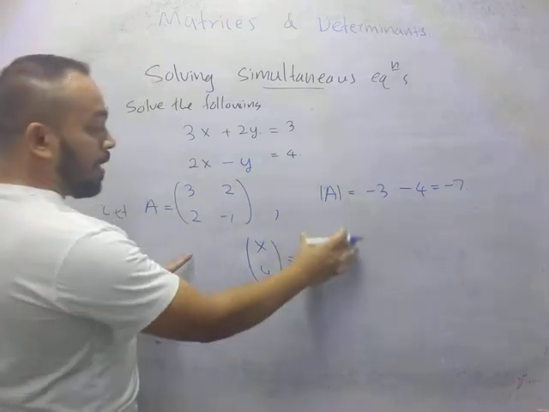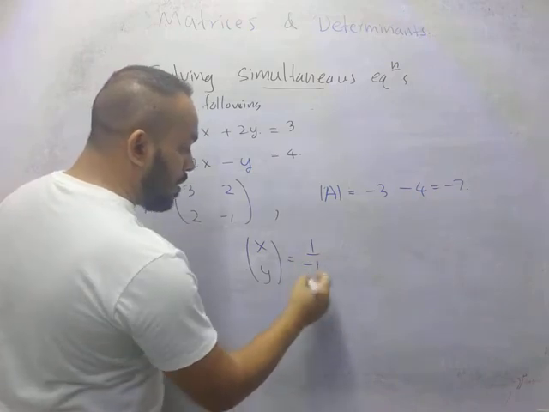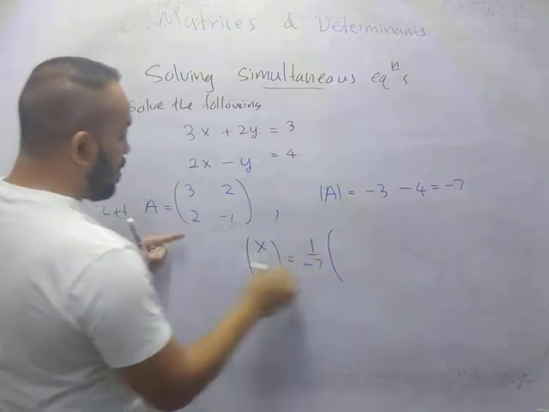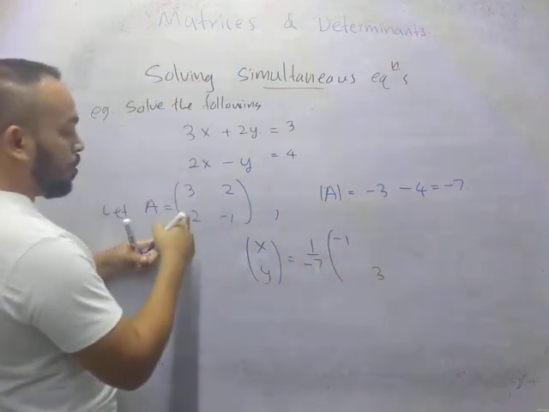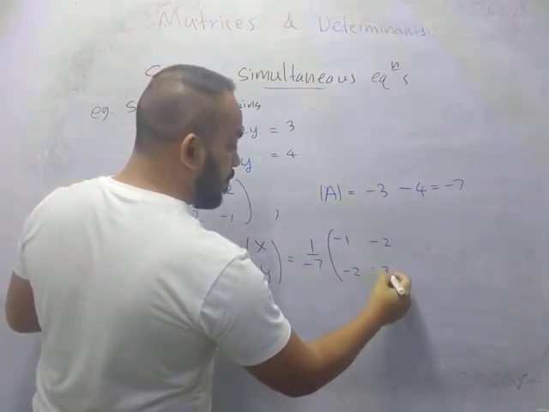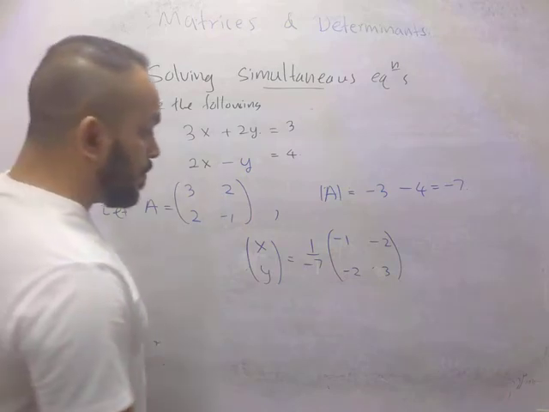Now let's write the inverse of A first. So first 1 over minus 7. So what is the inverse? Swap these two, minus 1, 3, then put negative signs, negative 2, negative 2. Just change the signs.